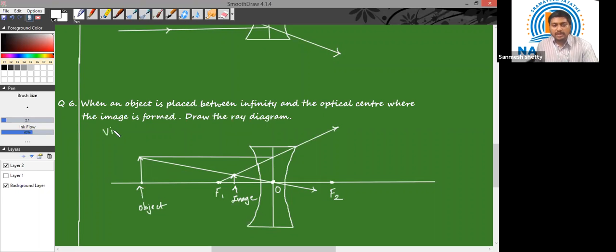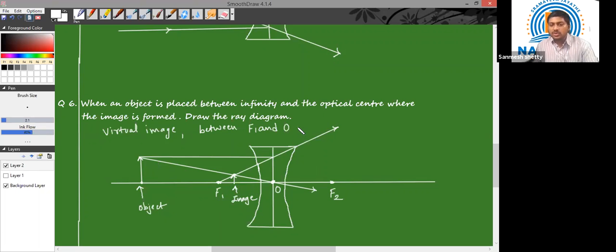It is a virtual image. And what can be said about the position? Position is between F1 and optical center O. No matter where you keep the object, the image will be formed between these two points only.